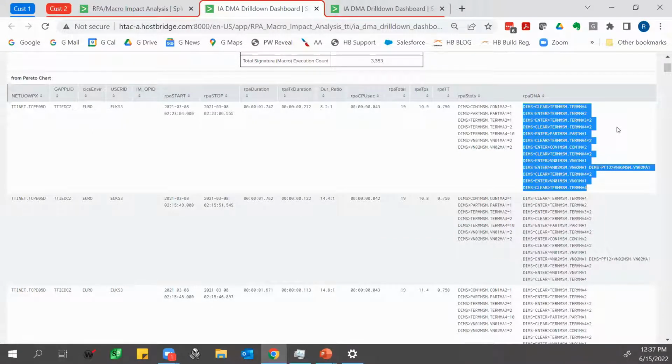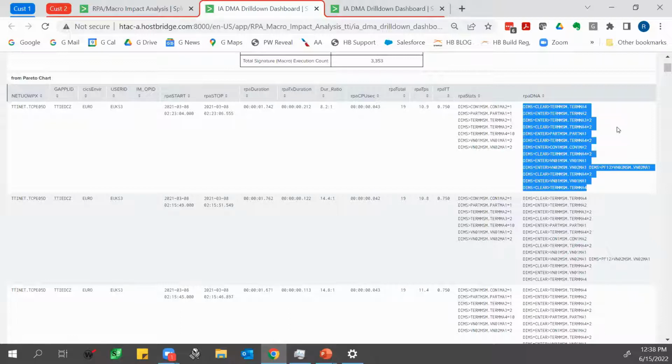If you've had any experience in the CICS world for very long, you might look at that pattern of DNA and wonder why they are pressing the clear key so many times. In fact, when we analyzed all of their mainframe interactions, clearly 50% of all interactions between HATS and the mainframe were nothing more than a HATS macro pressing the clear key.